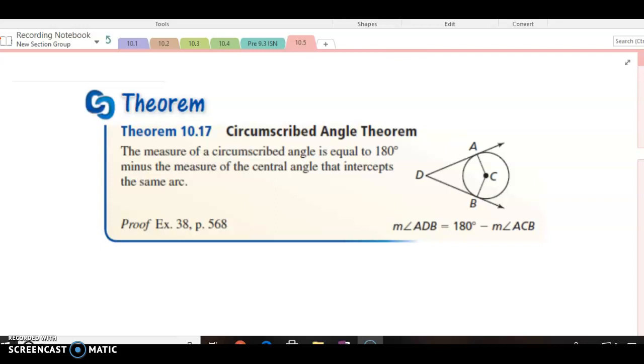All right, so let's review what a circumscribed angle was. Now, this was definitely in our vocab in the first video. Angle D here would be a circumscribed angle because it is tangent to the circle on both sides of it. So point A is a point of tangency and point B is a point of tangency.